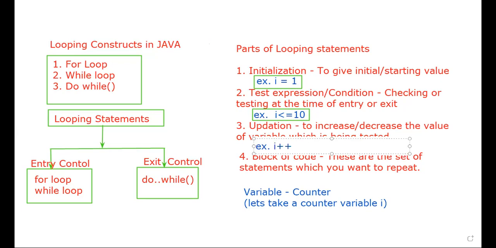Now what is the meaning of this sentence? It means I's value is increased by 1. I is equals to I plus 1. So it means I equals I plus 1.